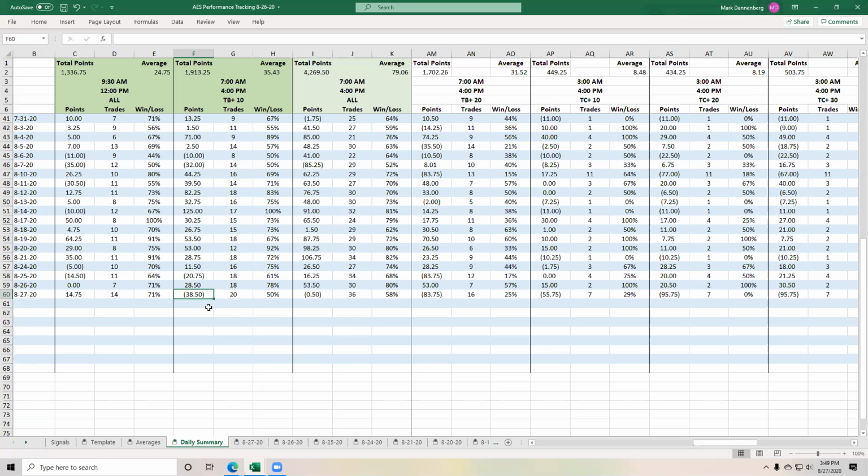60 points of that were 3 consecutive trend bias trades that went to a full loss if we had actually been trading live. So I'm going to record the 38.5 as a losing day, but I know in reality we were wise enough to say we should probably step aside and wait until things quiet down a little bit, and we would have actually been probably positive, more like 22, 25 points.